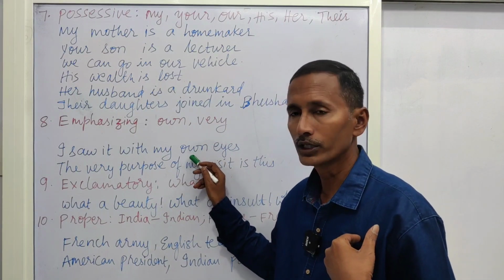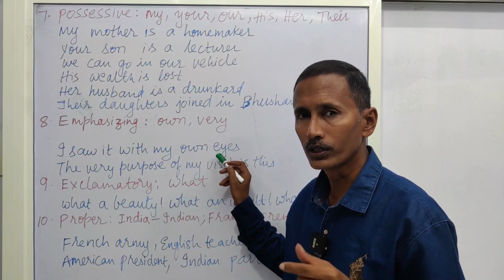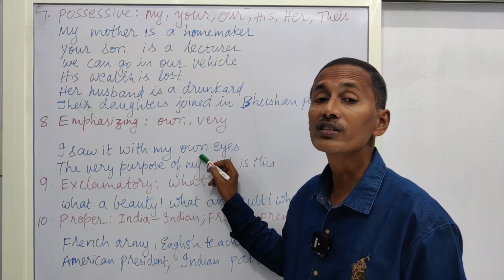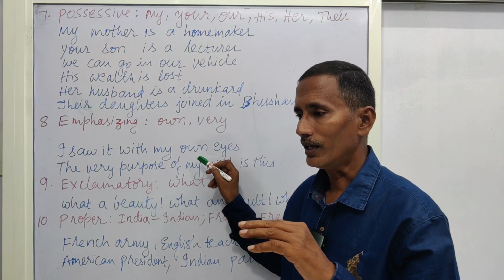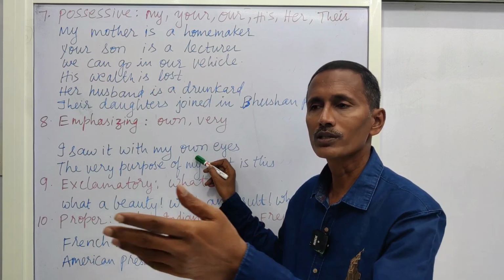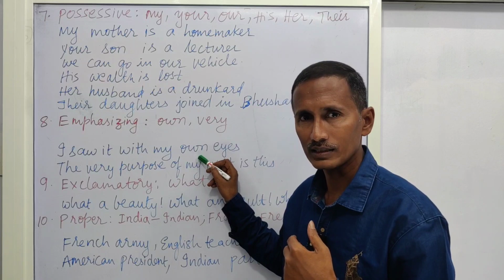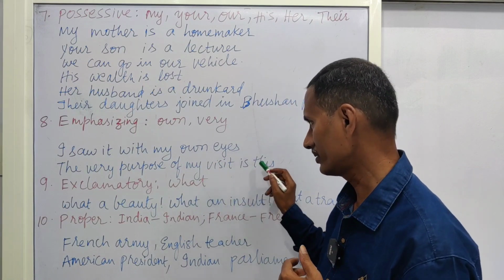This word "own," which is used before the noun "eyes," is called an emphasizing adjective. I am not saying it just merely because somebody has told me. I saw it with my own eyes. "The very purpose of my visit is this."